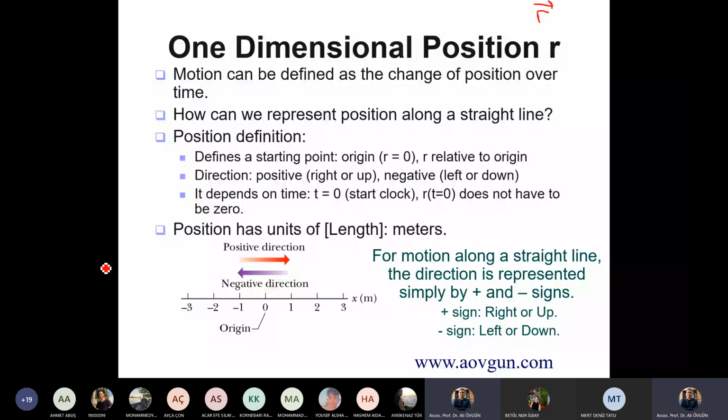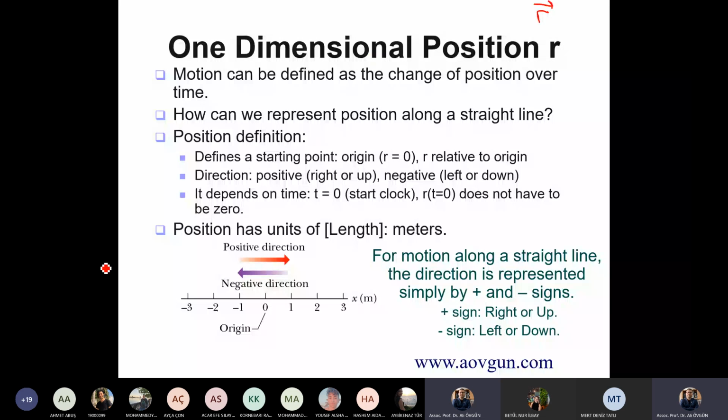If you use the XY coordinate system, left and down are negative directions, right and up are positive directions. It also depends on time. When t equals 0, r does not have to be 0. Your initial position can be 5 meters or 3 meters, it doesn't matter.